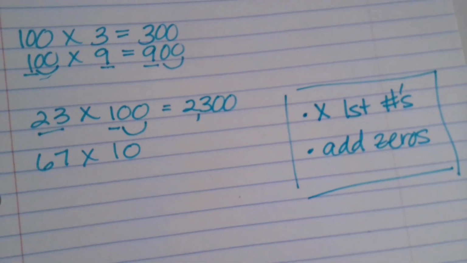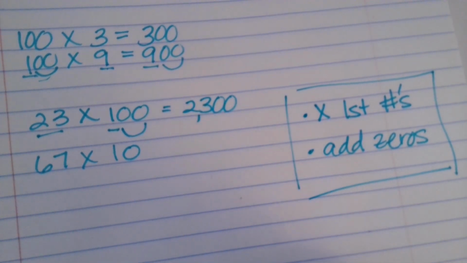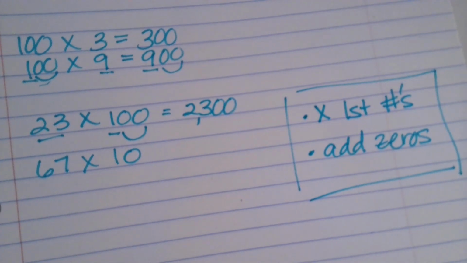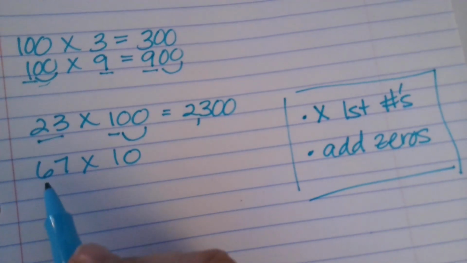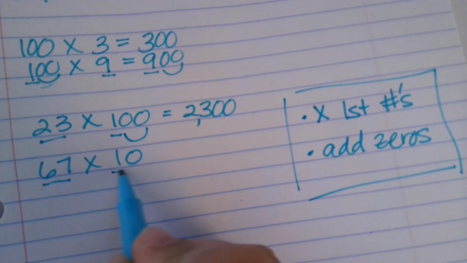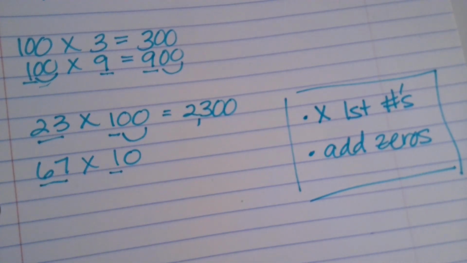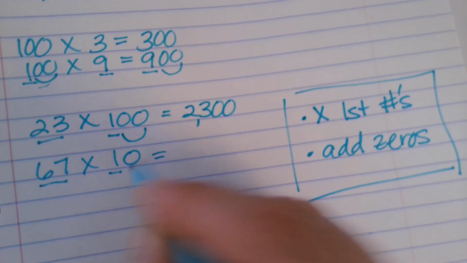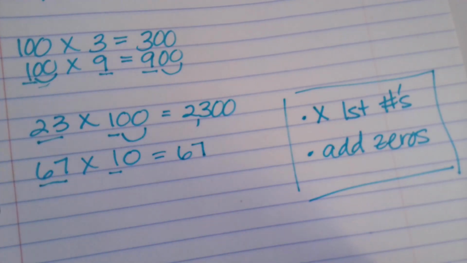All right. So let's go ahead and mark this down. What we're going to do is multiply those first numbers, okay? Whatever is in place here, we're going to multiply those first numbers. And that would give us 67 times 1 is 67.